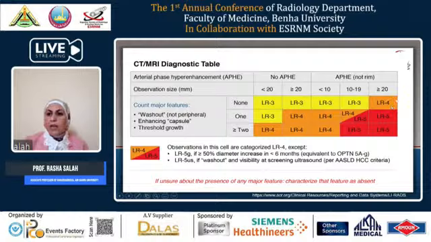However, other lesions like LI-RADS 4 or LI-RADS 3 lesions, these lesions could be either biopsied or could be followed up to confirm their nature. Either they are just benign lesions or they have progressed into a true HCC.